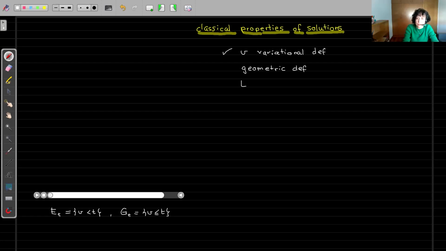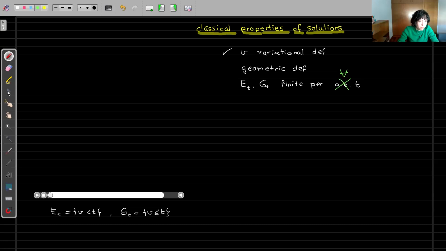Then these sets, by B being a function of bounded variation, are of finite perimeter for almost every t. That's trivial from the definition of bounded variation, but we prove that it happens for all t. And to understand the next properties, let me show you an example.